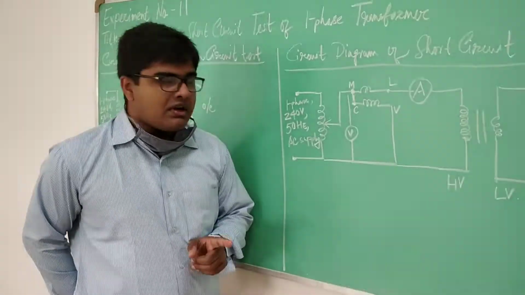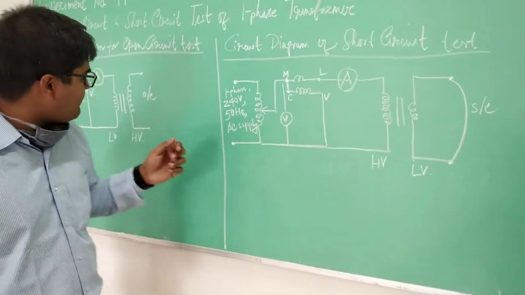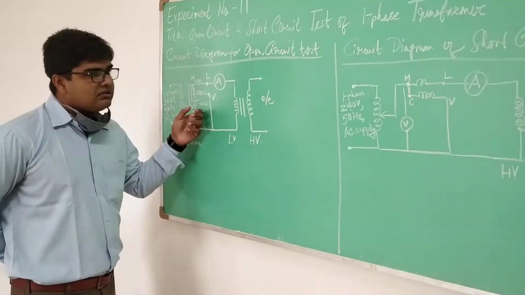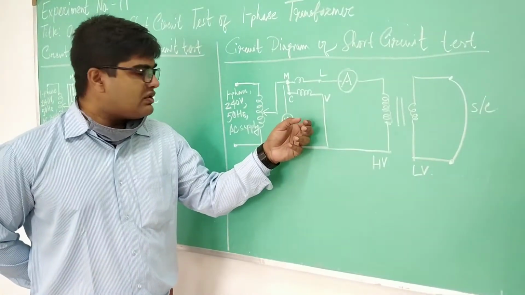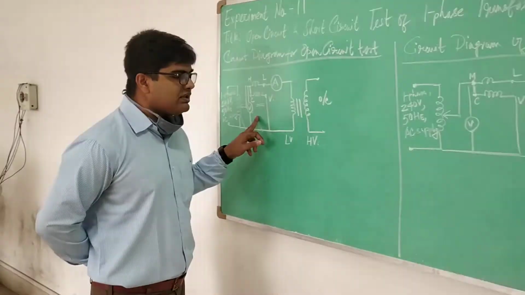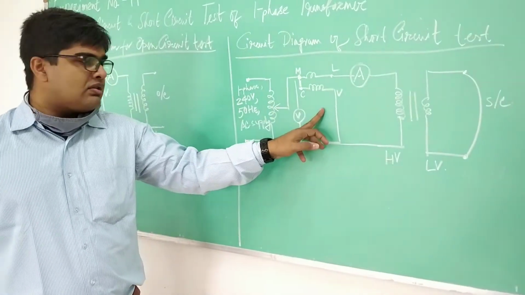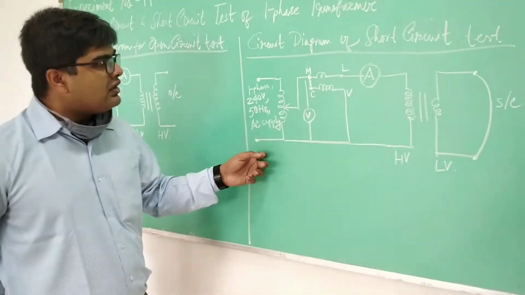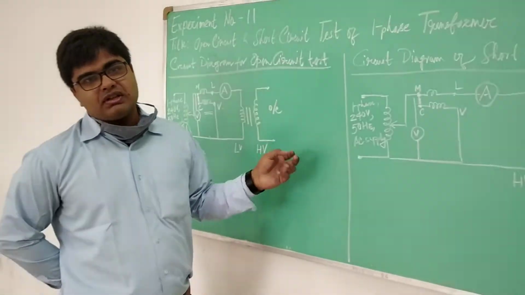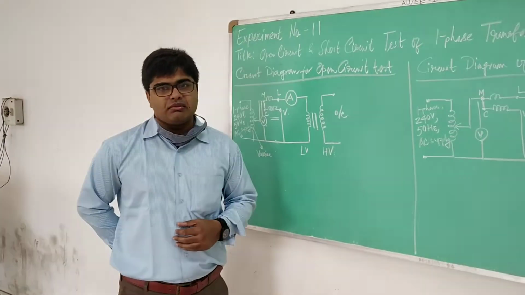This is difference 1. Difference number 2 is that the range of the meters available for the open circuit test and short circuit test are totally different. So these two are the basic differences between these two circuits. We shall see this shortly when we develop it in the experimental panel. So let's move on to the experimental panel.